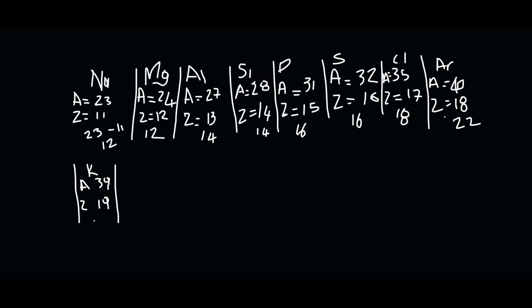So potassium, which would be 39 minus 19, would give us 20. Good. Final one, which will be calcium. What's the mass number? 40. So that's 40 minus 20, which would give us 20. Good.